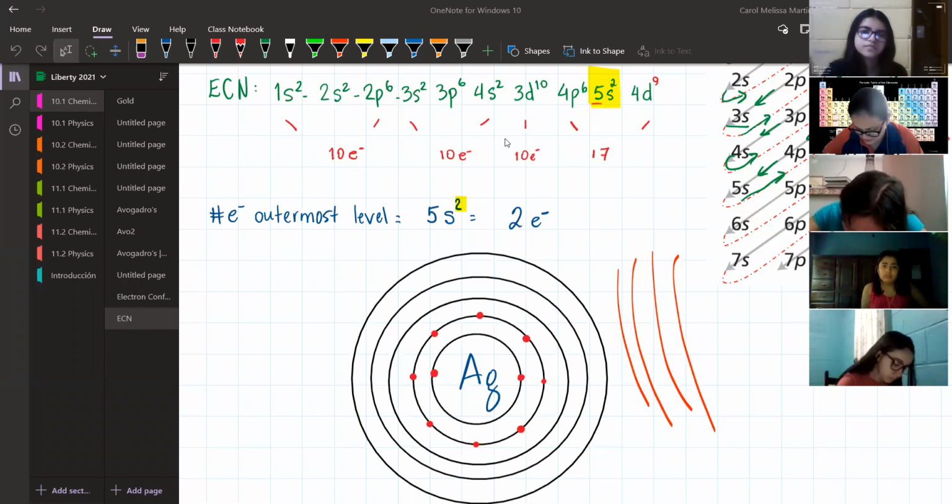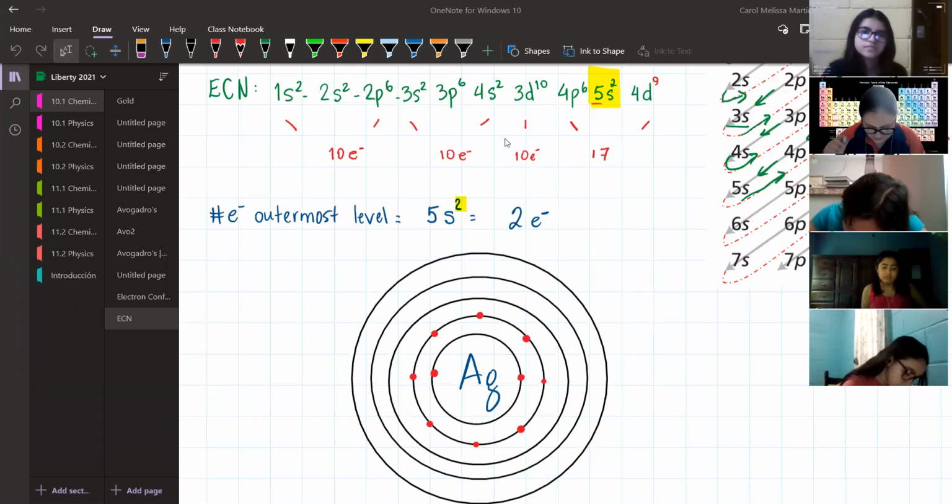Now it's working. In the third ring, yes, 18 electrons.